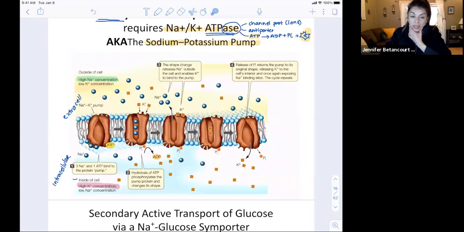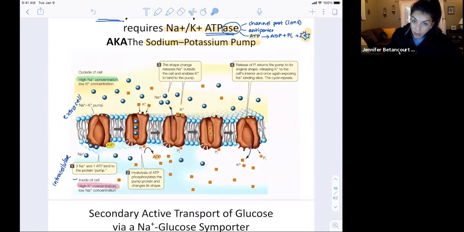And so what it's gonna do is, okay, well, we gotta set it up. So how do we do this? And this time the cell's actually not going to be trying to reach equilibrium. It's crazy. It's actually going to try to make sodium higher on the outside and potassium higher on the inside. It's trying to make the concentration gradient even more severe, which is nuts, but you'll see why that's important.